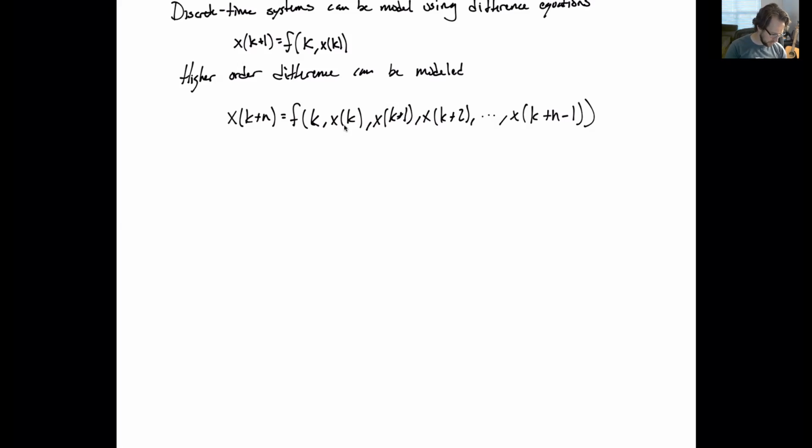Next, we can move these into a higher order state space form. So this could be a state space representation, where if we have this function, oh come on.